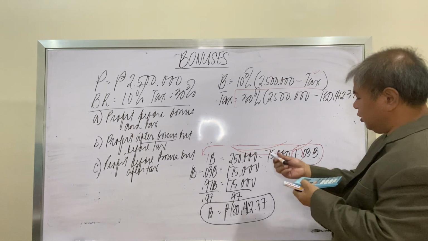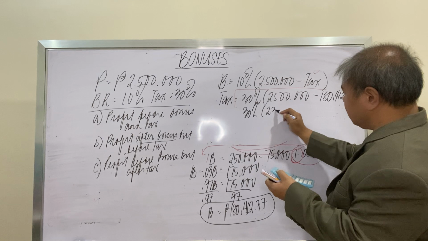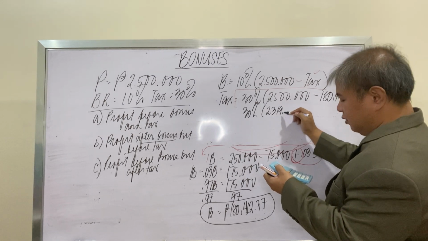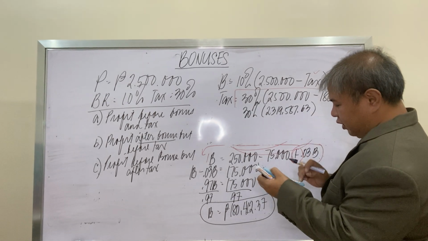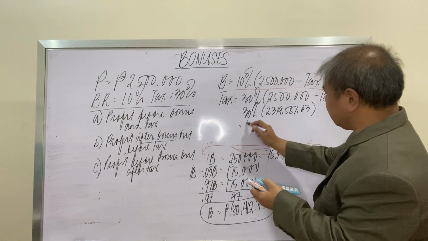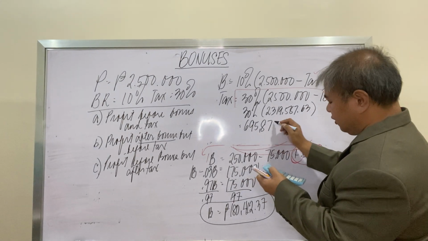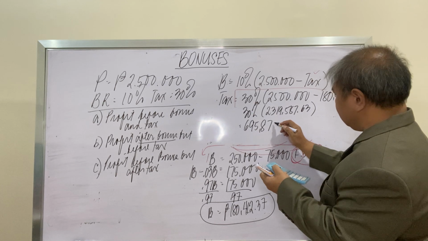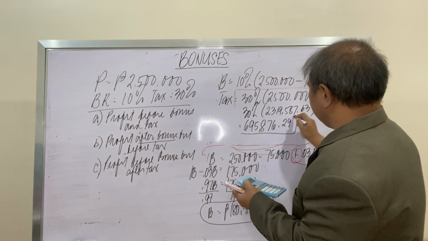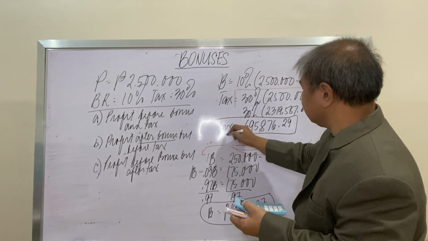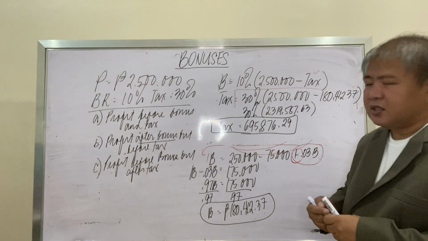That would be, okay, so therefore, this is 30% of 2,319,587.63. So this is 695,876.29. So this would be our tax. Okay? That will be the tax.